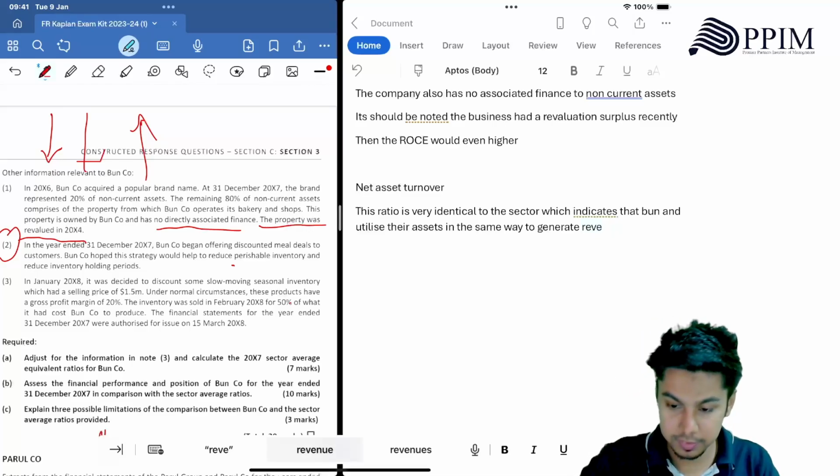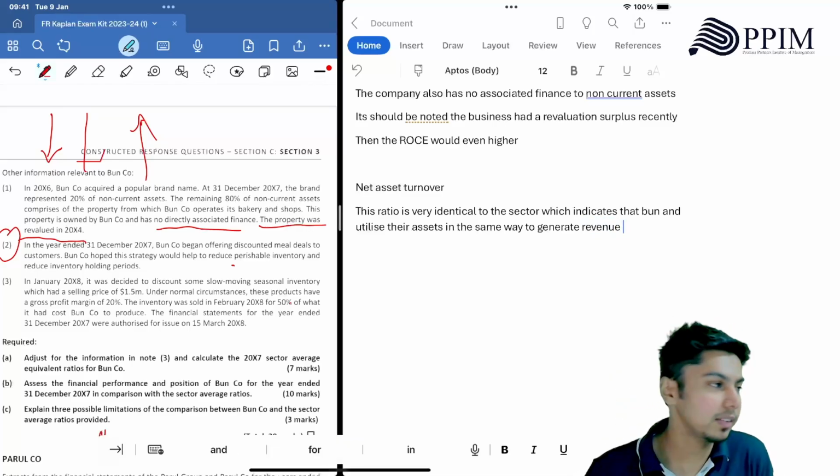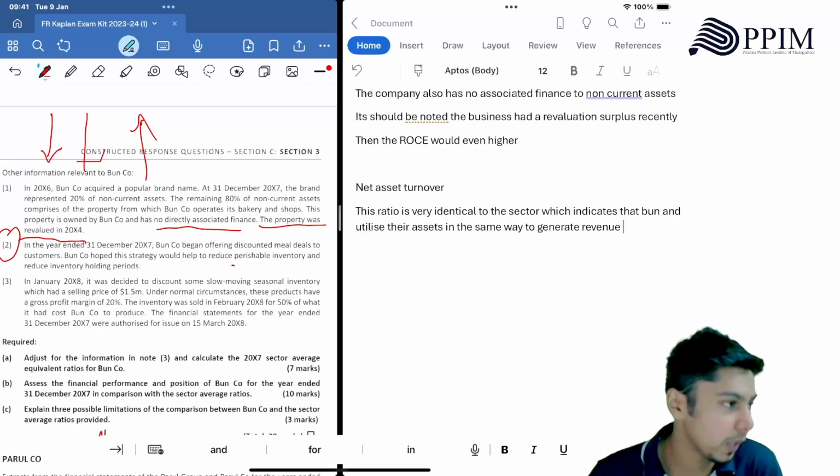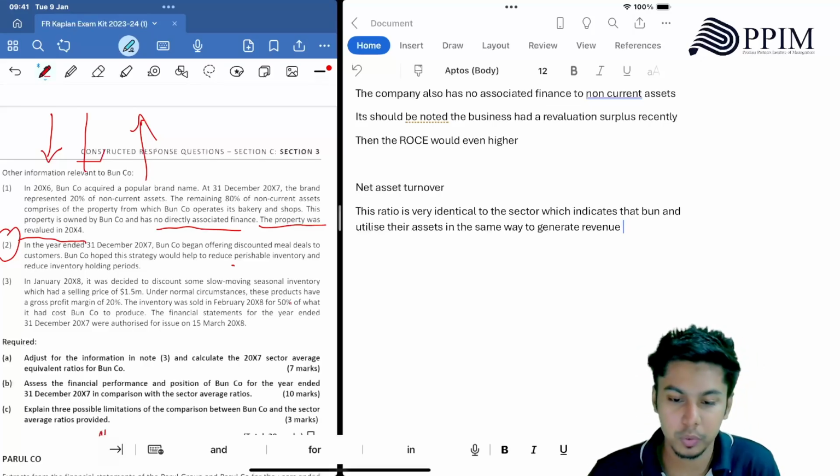Remember, in terms of efficiency, it's almost the same because both organizations are very similar to each other. One is 2, the other one is 2.1.